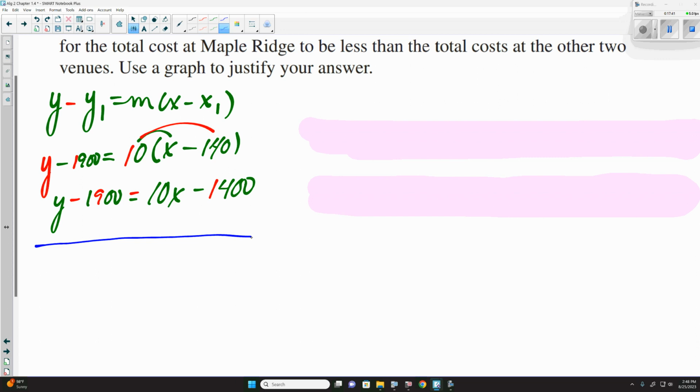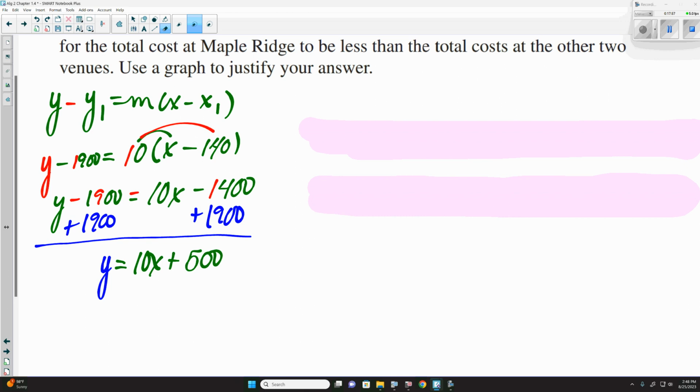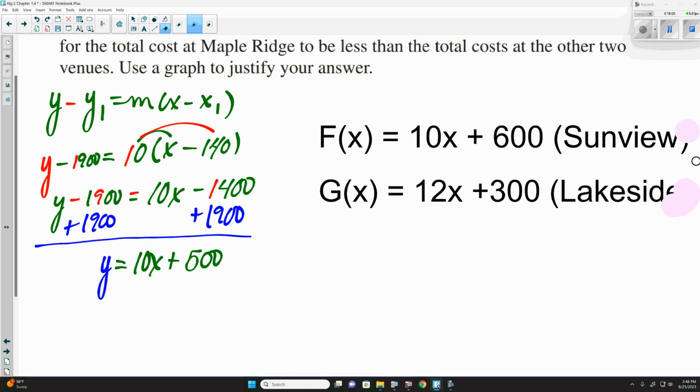Last thing we need to do is add 1,900 to both sides, which tells us Y is equal to 10X plus 500. Well, Sunview and Maple have the same cost per student, yes?